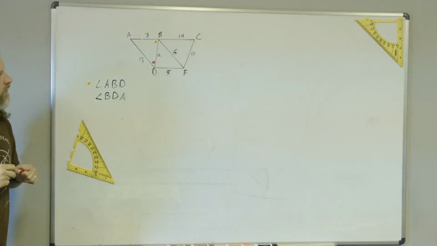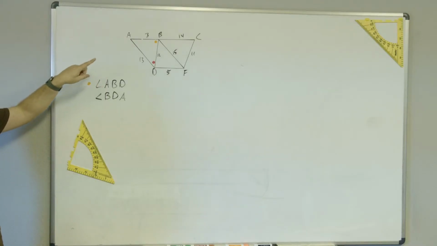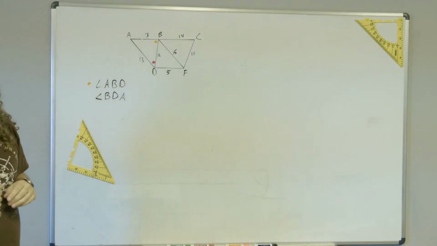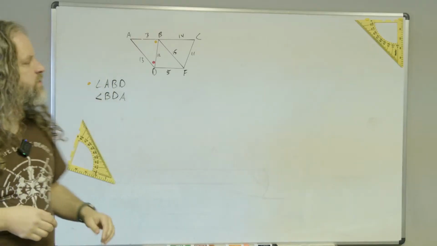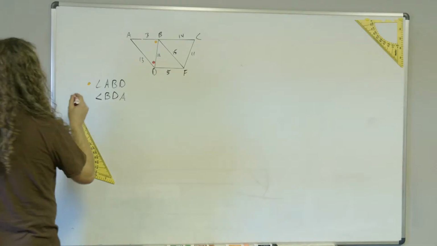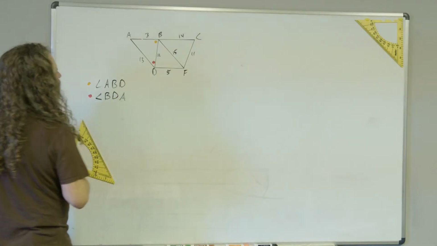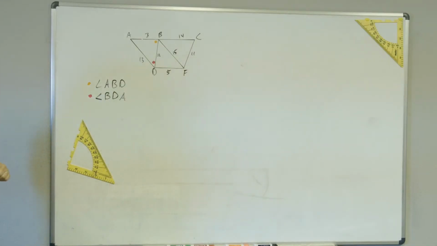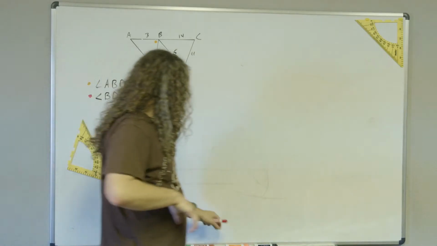So we're talking about the triangle ABD, right? And we want to know which one is bigger, the red one or the orange one, right? That's our goal on this problem. So what are we looking at when we're trying to figure that out?